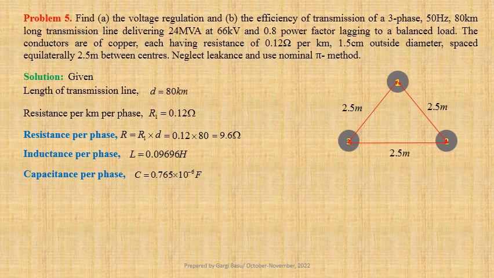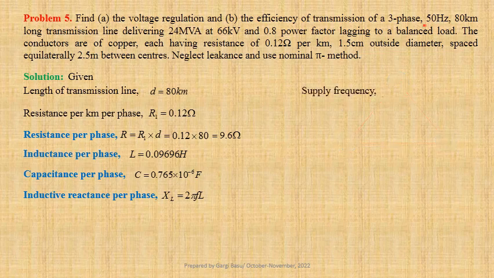Now we shall calculate inductive reactance per phase XL equals 2 pi F into L. Given supply frequency F equals 50 Hz. Therefore, XL equals 2 pi into 50 into 0.09696. That gives us 30.461 ohm.